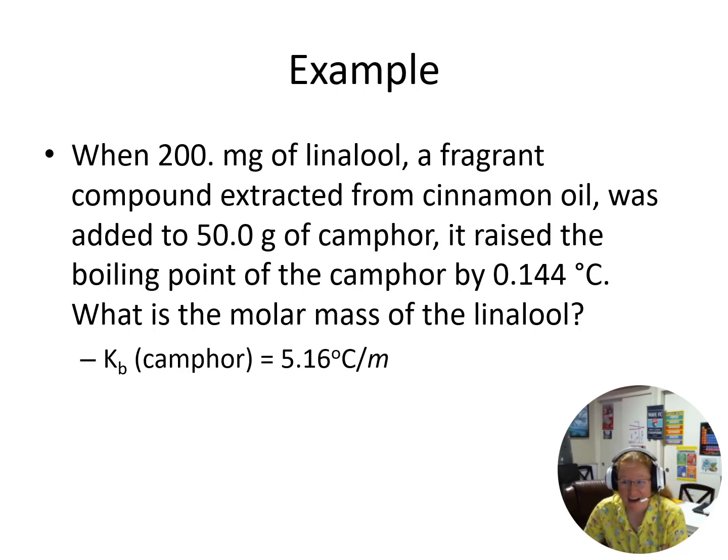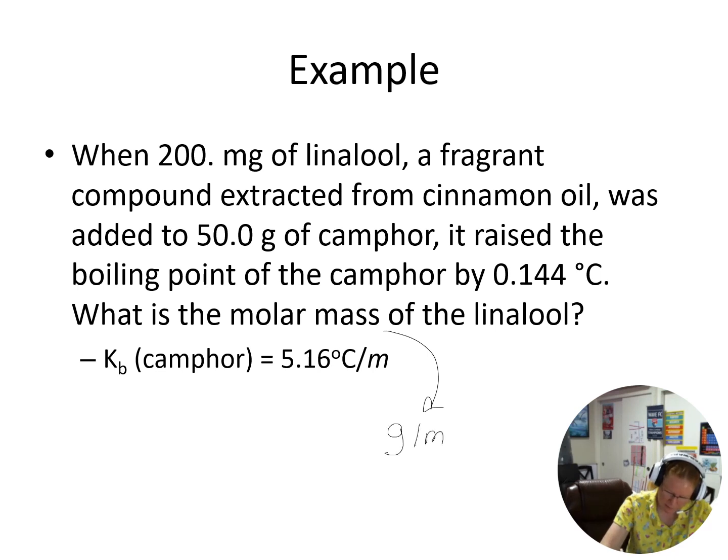All right, I have a challenge problem for you. I want you to try this problem. See if you can figure out what the molar mass is. Now remember, molar mass is grams per mole. Using this data, it says that it raised the boiling point of camphor, so the delta TB is 0.114 degrees Celsius, and you have the KB.